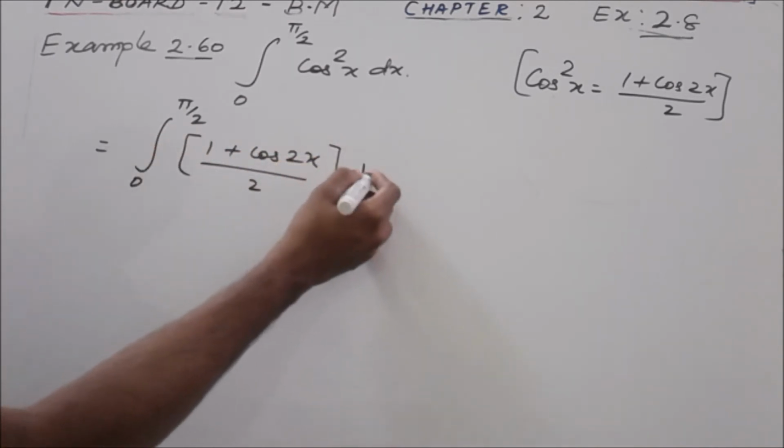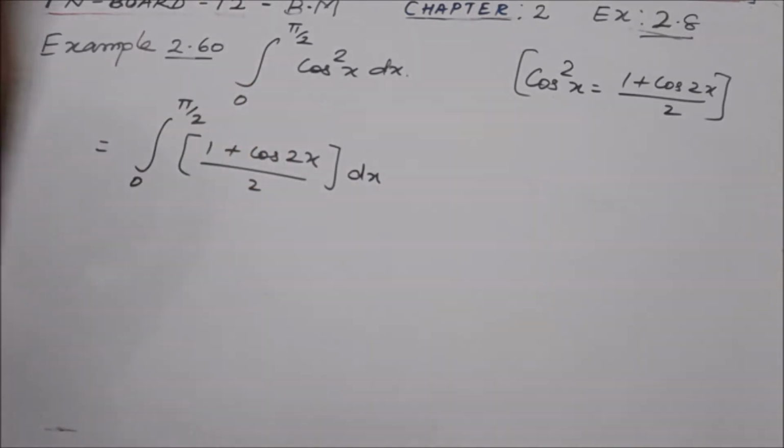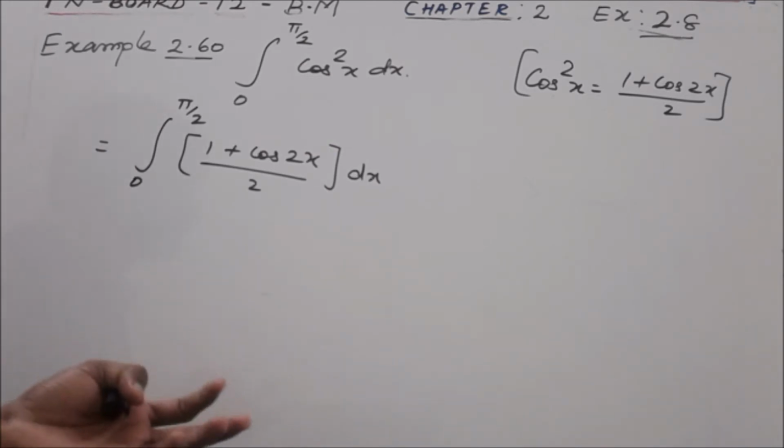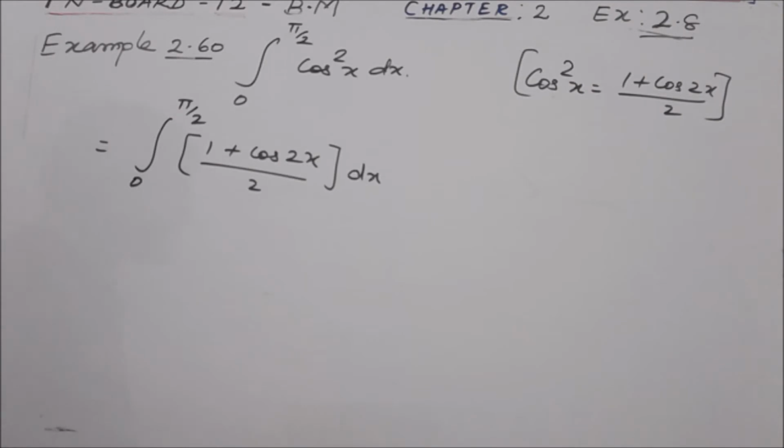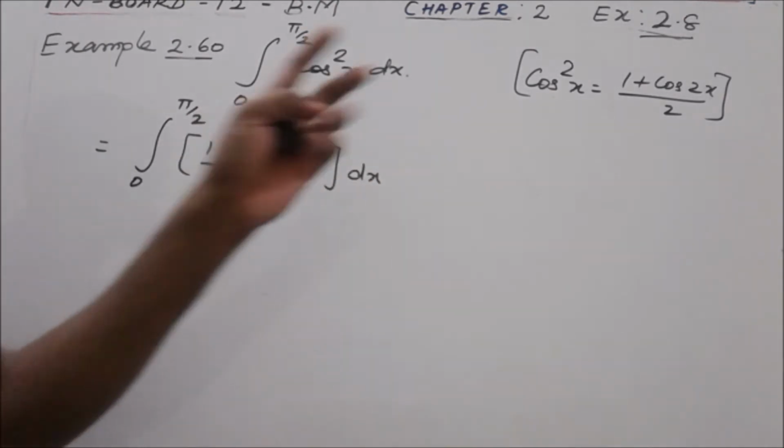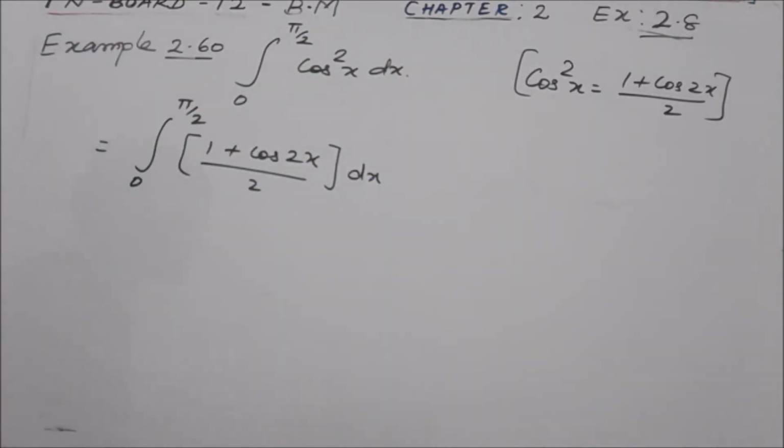cos square x is replaced by the formula 1 plus cos 2x by 2 into dx. Because we don't have a formula to directly integrate cos square x. If it is cos x, we can directly integrate, but for cos square x, we don't have a formula. But for cos square x, we have one more trigonometry formula, 1 minus sin square x. Often it will come to our mind, but we couldn't choose that formula because we don't directly integrate sin square x. So you need not choose such a formula.